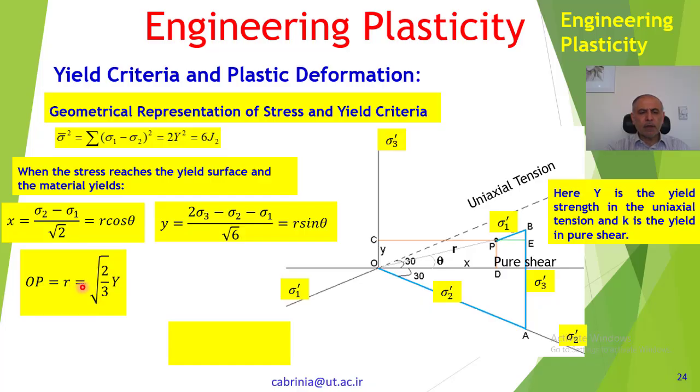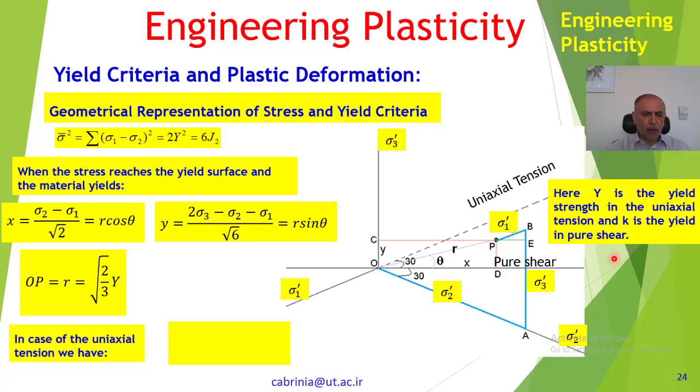What is this? This is the radius of the cylinder, okay, or circle. So we said if OP increases and reaches this value, then yield occurs. And note that here Y is the yield strength in uniaxial tension, and in pure shear we have taken K as the yield.